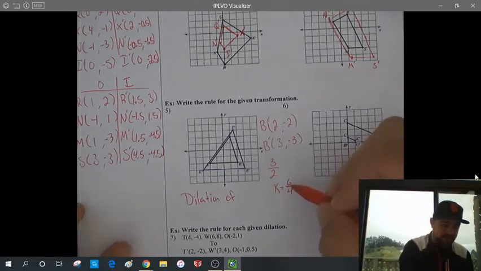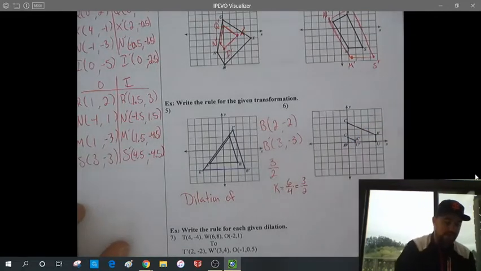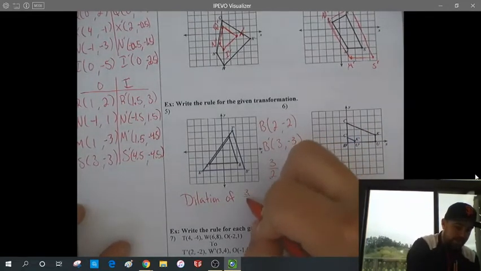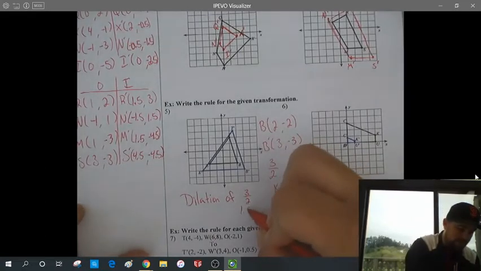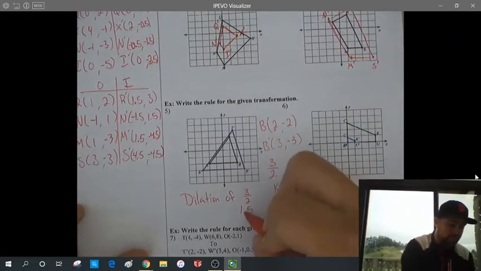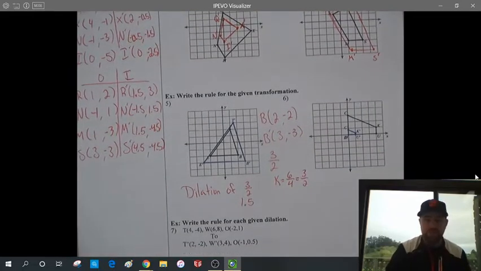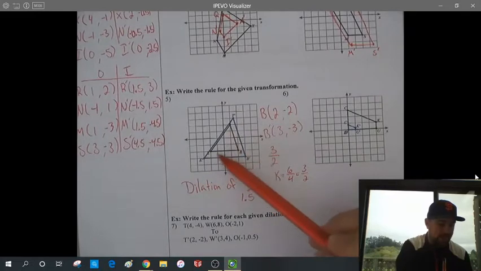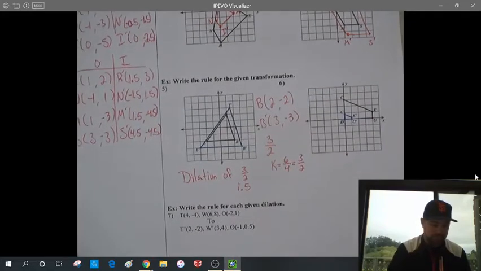It increased to 6 over 4, but if I reduce that down, that's also going to make 3/2. So I can say that it's a dilation of 3/2, or that's the same thing as 1.5, so either way would work there. But that makes sense because it's a scale factor that's greater than 1, and my non-primes are the smaller figure, my primes are the bigger figure, so that means this was an enlargement.